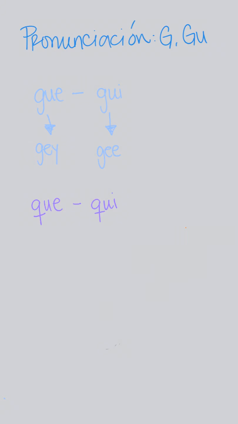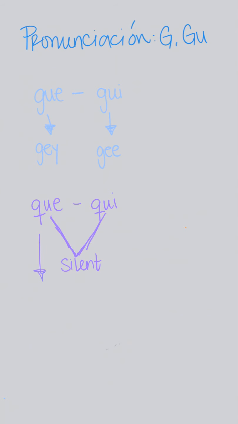Okay, so just like the combinations above us, when you see these three together, that tells us that la U is silent as well. You skip over that U sound. So that only leaves you with the beginning sound, like the K for the Q, and then the remaining vowel sound.